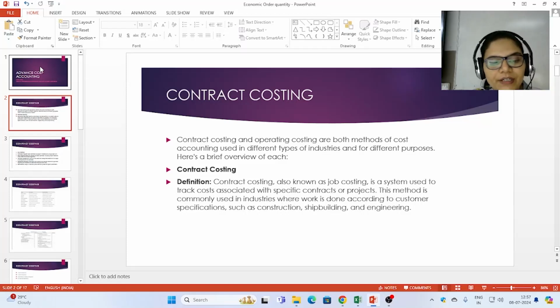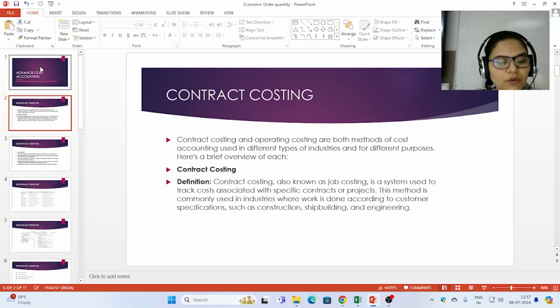In fact, contract costing is the method of costing applied in those organizations where contracts of a non-repetitive nature are taken. A contract is a work or job of large size which continues in one or more than one accounting year. Hence, a separate contract account is prepared for each contract.